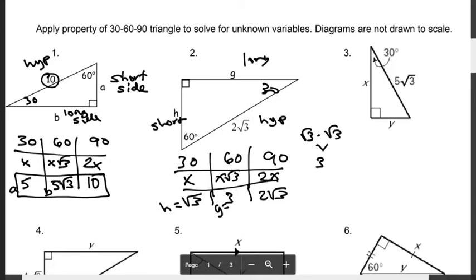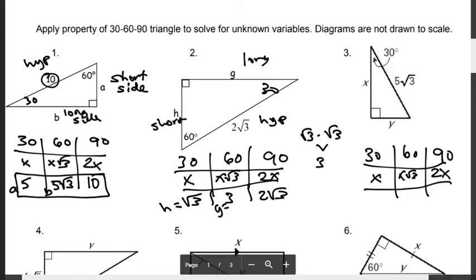And then our last one over here, so I got 30, I got 60, I got 90. So again, making my chart. Here's my 30, so y is going to represent my short side. Here's my long side over here, and here is my hypotenuse. Once again, they gave me the hypotenuse.